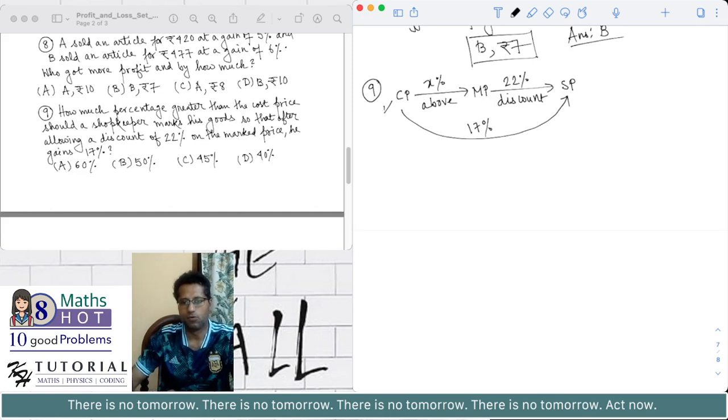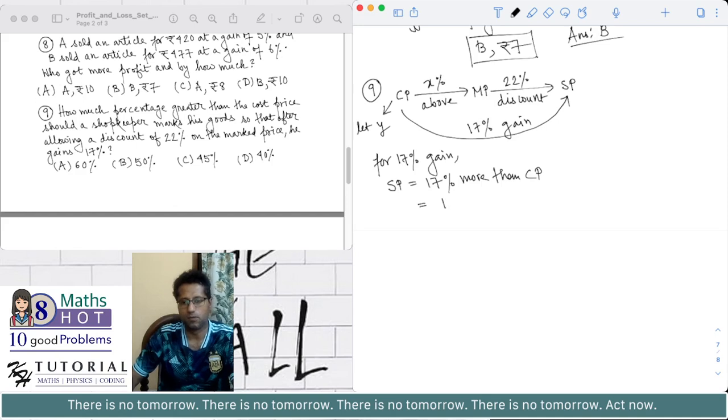Even though the cost price will not be required, just for the sake of calculation, let the cost price be. You can also use CP, but instead of writing CP again and again, it's better if you write Y. So let the cost price be Y. For a gain of 17% from the cost price, the selling price will be 17% more than the cost price.